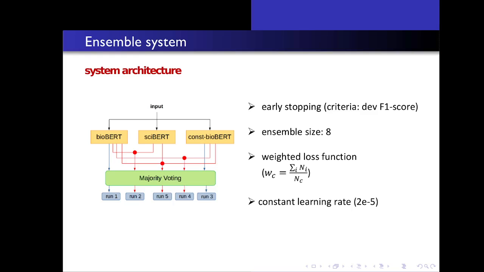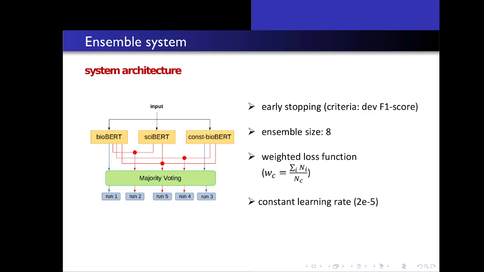We made 5 submissions by making ensembles of different combinations of models. There are 3 types of models: BERT, VII, and const BERT. For each ensemble, we train 8 models with different random initializations of weights and use majority vote to get the final prediction.